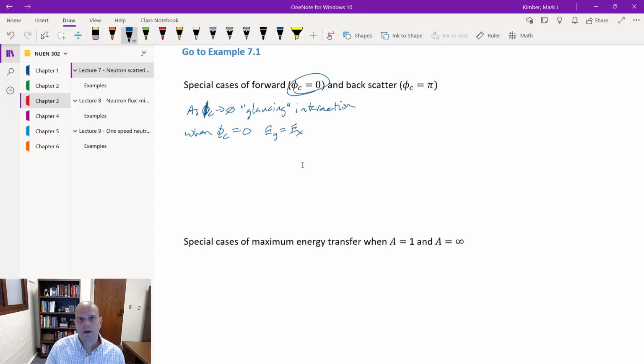And we saw that in the other plots we were looking at just a moment ago. In this case, there's no interaction. That's what that means. I don't have any energy decrease in the neutron, and I don't have any energy increase in the target. So this one here is going to be a head-on collision.